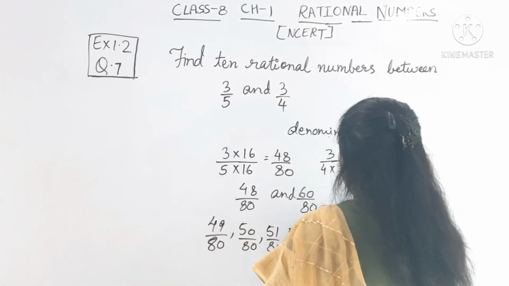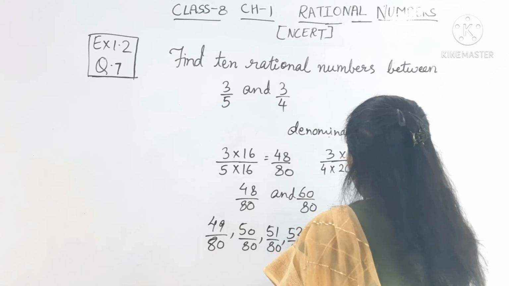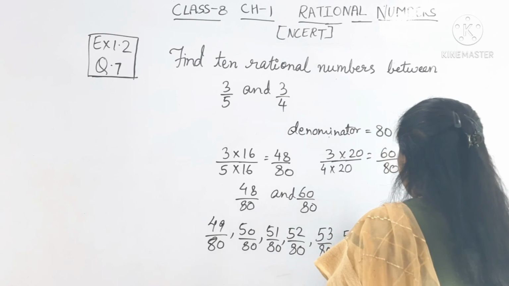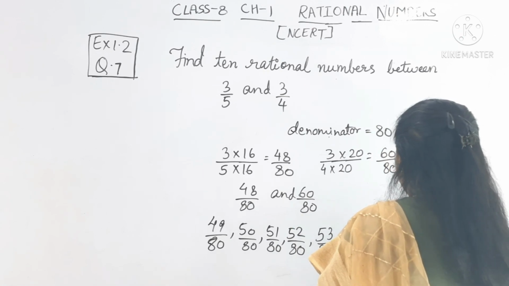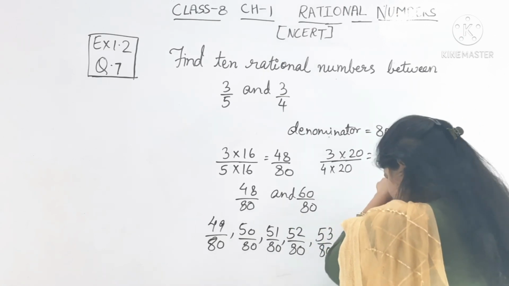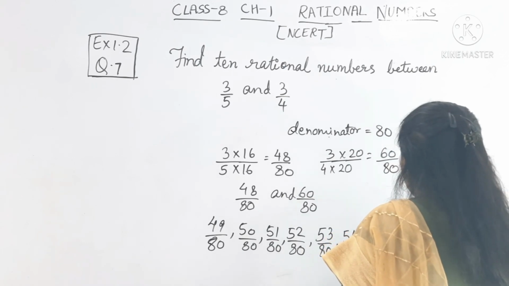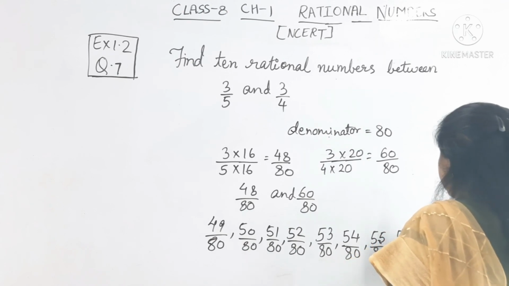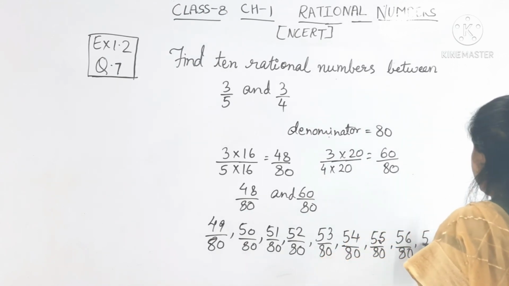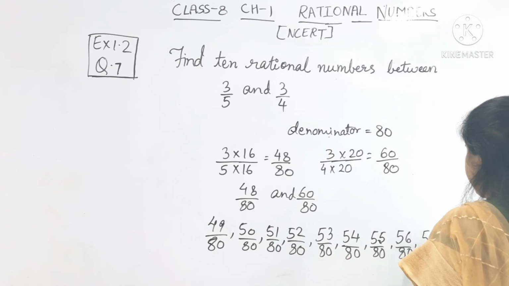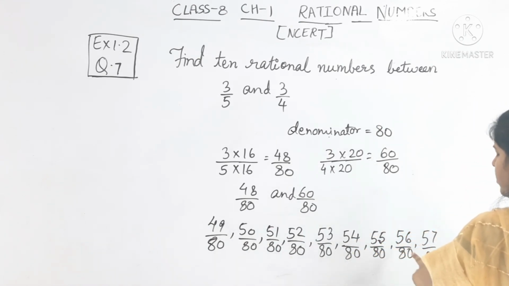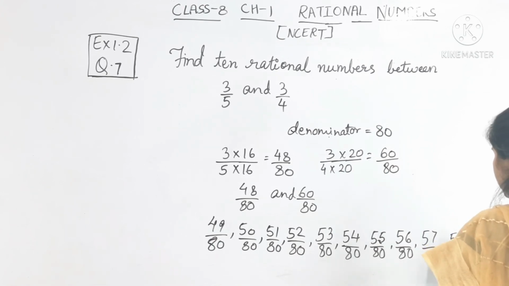We have to write 10. 53 by 80, 54 by 80, 55 by 80, 56 by 80, 57 by 80, 58 by 80.